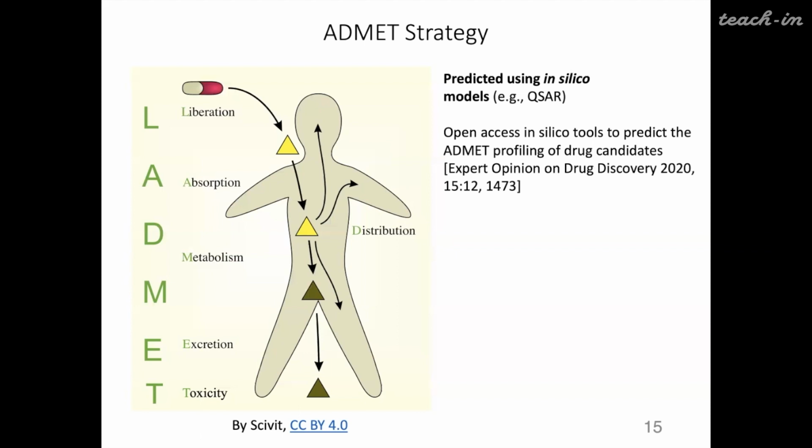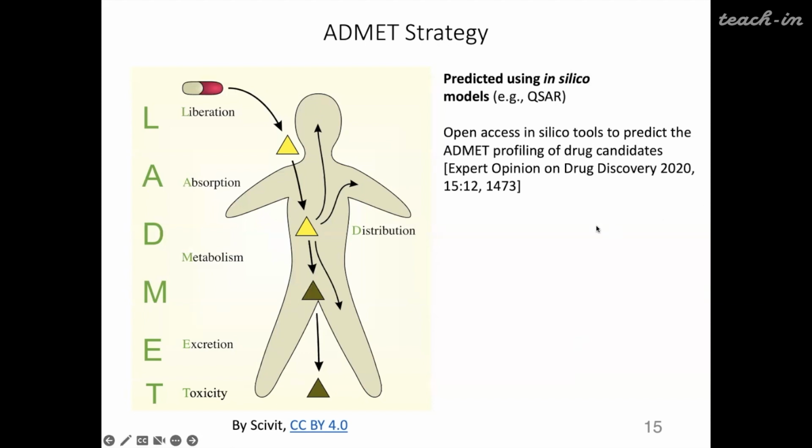However, ADMET studies are usually performed by using proprietary software that is basically a collection of many QSAR models that predict absorption, distribution, toxic, etc. properties of a given molecule.